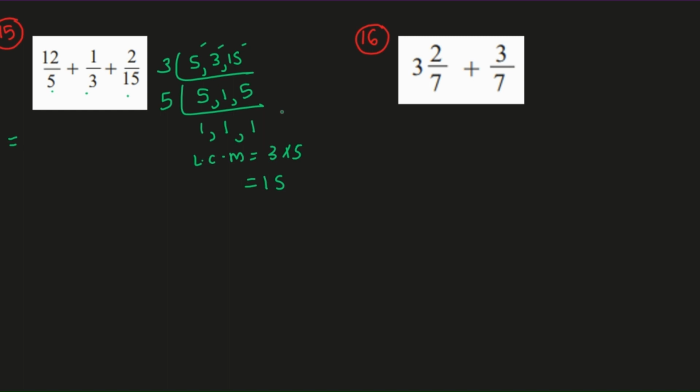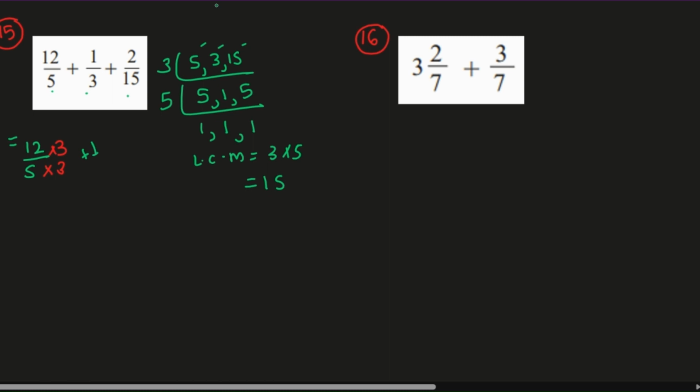Okay, now let's do the calculations. 12 upon 5. So what do you have to do? In order to make it 15, you have to multiply the denominator by 3 and the numerator as well by 3. Then 1 upon 3, you have to multiply both the numerator and the denominator by 5.